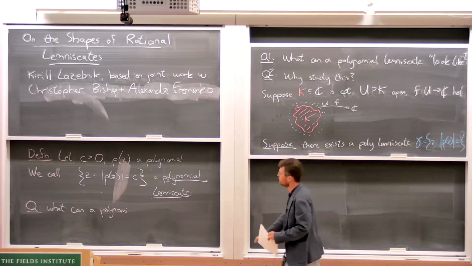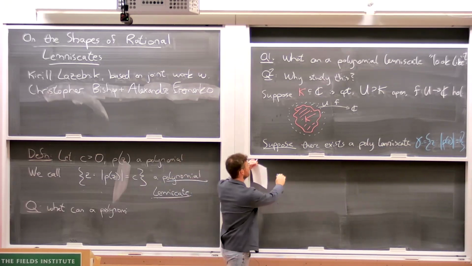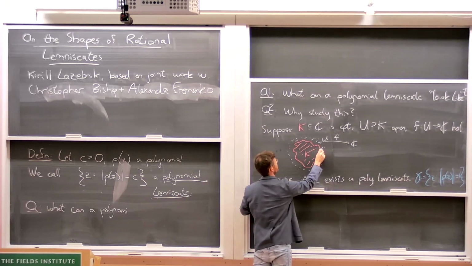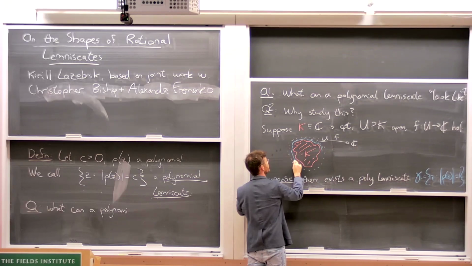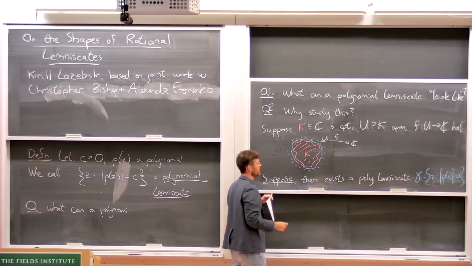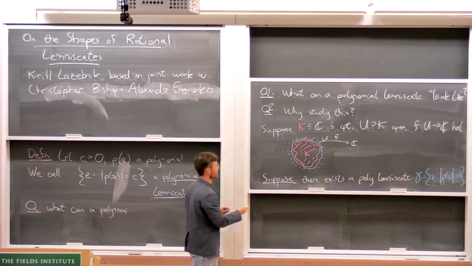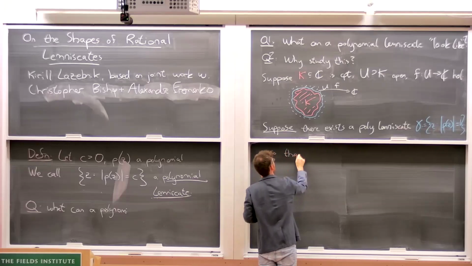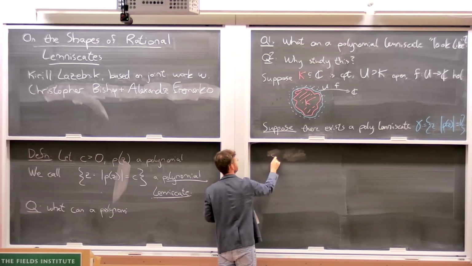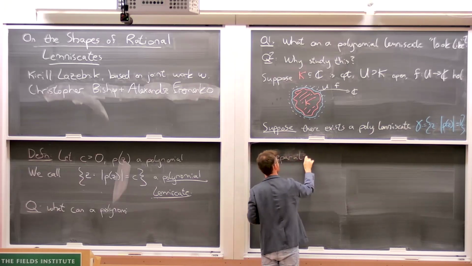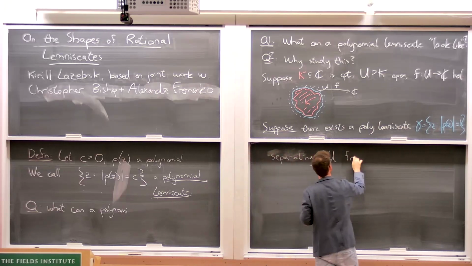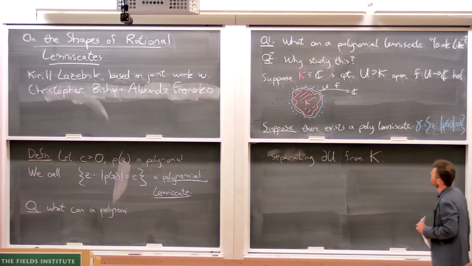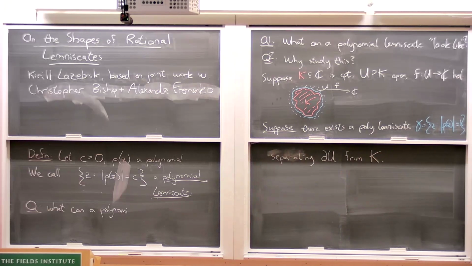We'll take our constant to be 1, which we can always do by rescaling, so that the Lemniscate separates the boundary of our open set from the compact set. So suppose there exists this polynomial Lemniscate separating the boundary of U from K. Not to spoil the story, but there does exist such a polynomial Lemniscate, and this is not our result.